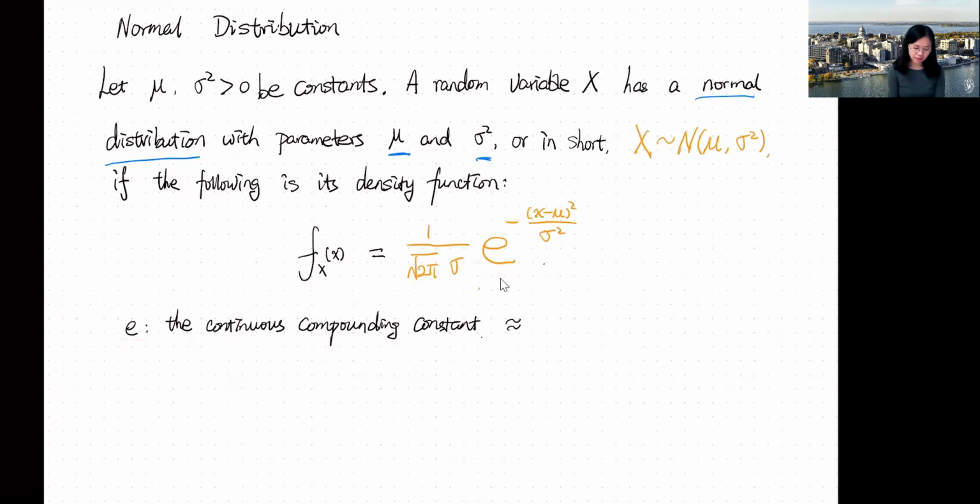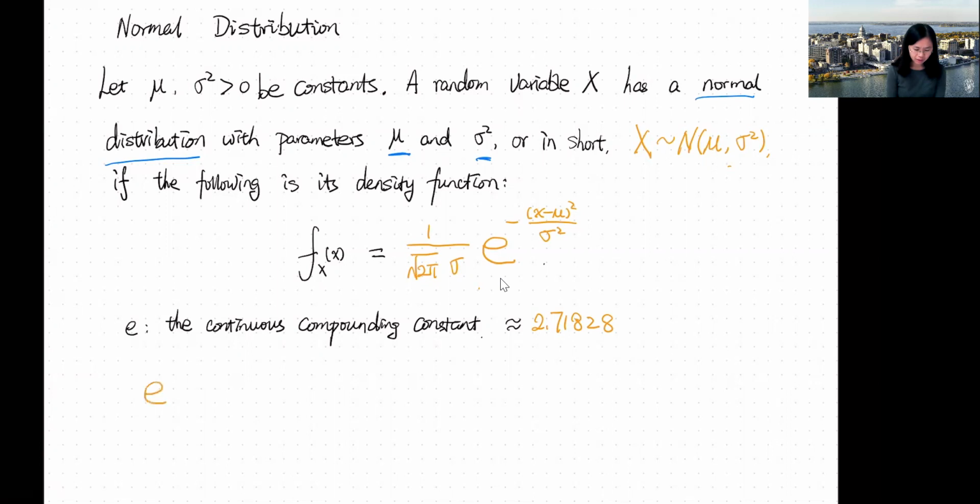E is the continuous compound constant. It's related to the multiplier when you continuously compound interest in your bank account. And e is approximately 2.71828. So this is the probability density function of a normal distribution with parameters mu and sigma squared.